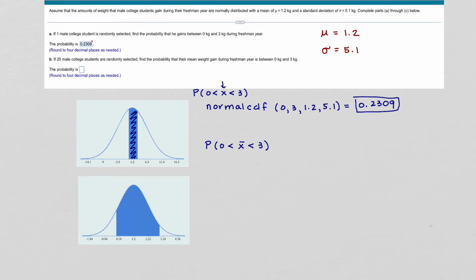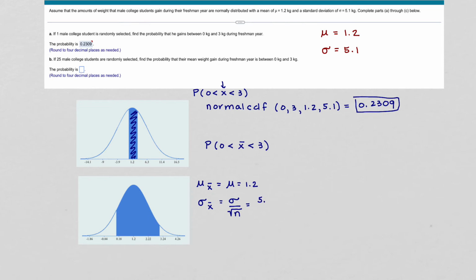So now we're looking at a different distribution where the mean of the sample means is the same as the original mean, and that was 1.2, but the standard deviation of the sample means is the original standard deviation divided by the square root of the sample size.